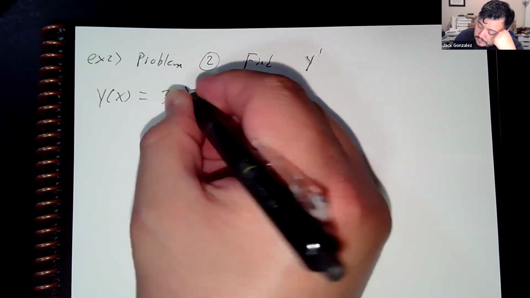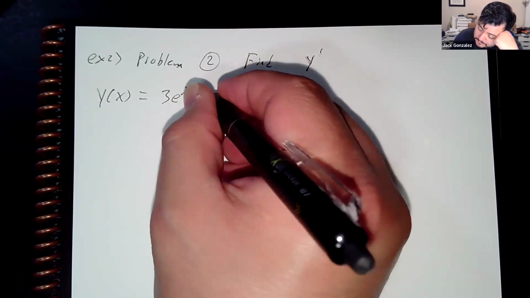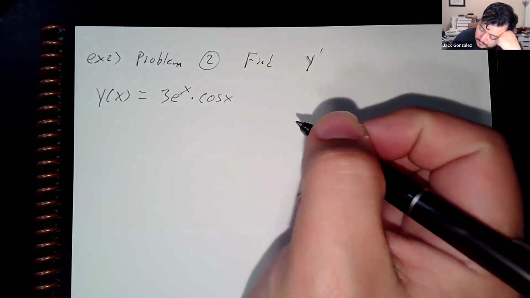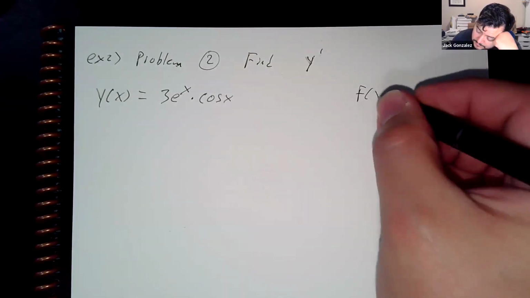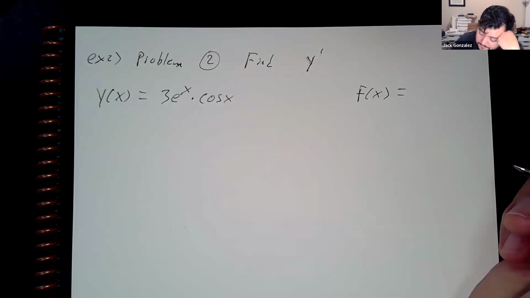So 3e to the x times cosine. So what should my f function be? Three.